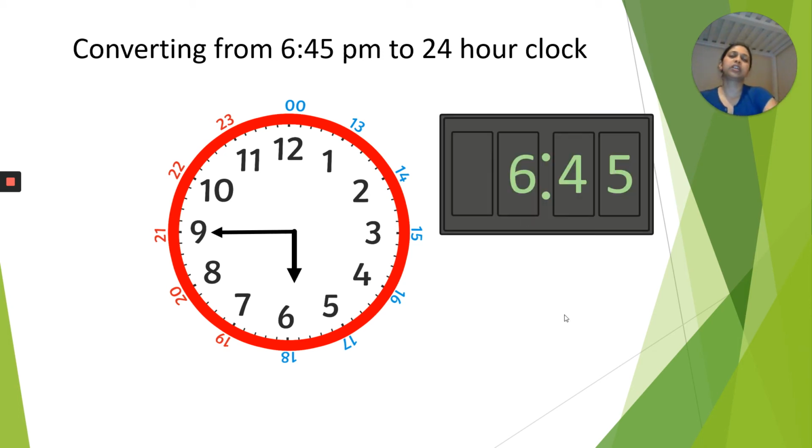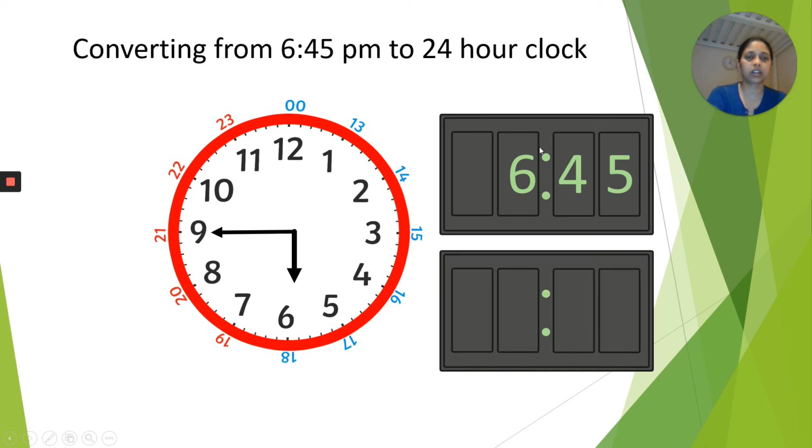Your next one is your 12-hour clock, which is 6:45, and your minute hand is on the 9, which means if you count your minutes from 5, 10, 15, 20, 25, 30, 35, 40, 45, your minute hand is 45 minutes, and you need to convert that into your 24-hour clock.